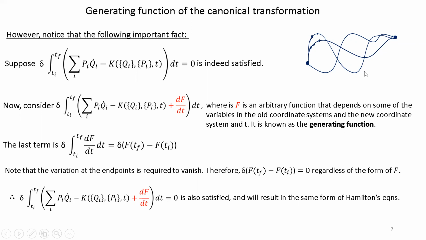So no variation, and therefore this term will be 0 anyway. That is to say, if we know that this is satisfied, then adding another term here, this df dt, won't change your conclusion. So this is the trick.